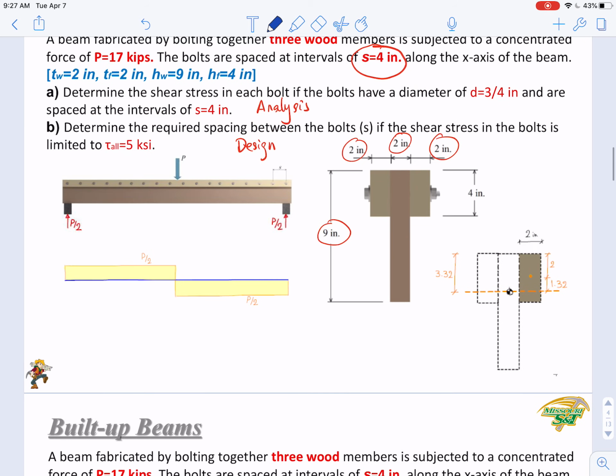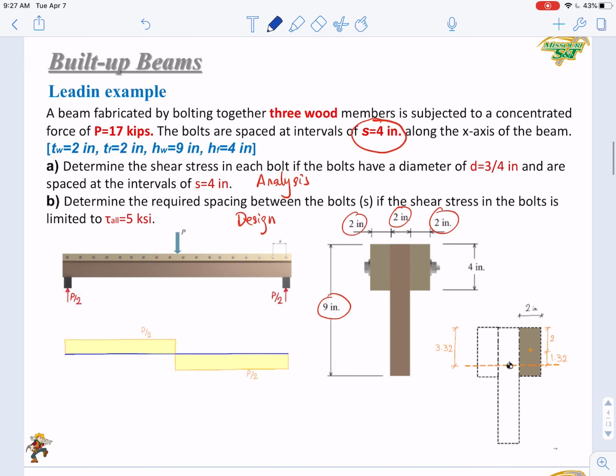Right? So here, as you can see in the loading, it's a simply supported beam subjected to a load P at the mid span. Right? So easily you can find the forces on the 2 supports, the reaction forces will be half P. So the V values will be constant, right?